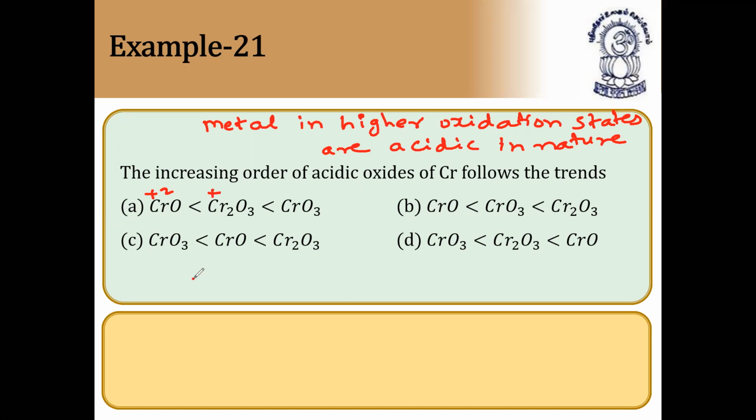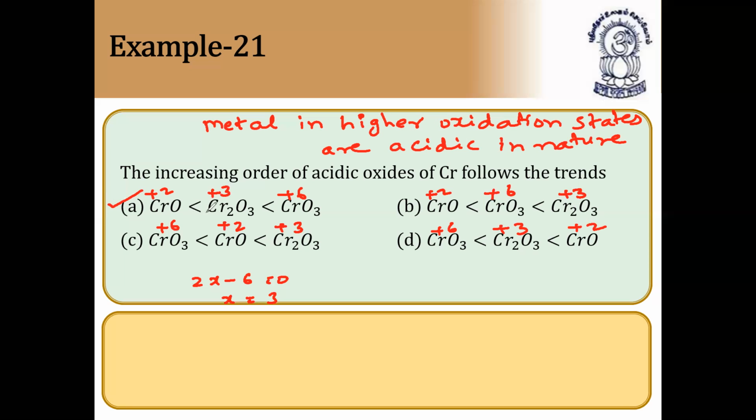Sorry, 2x minus 6 is equal to 0, so x is equal to 3. So it is plus 3. And here it is plus 6. The answer is straight away the first option, because metals in higher oxidation states are acidic in nature.